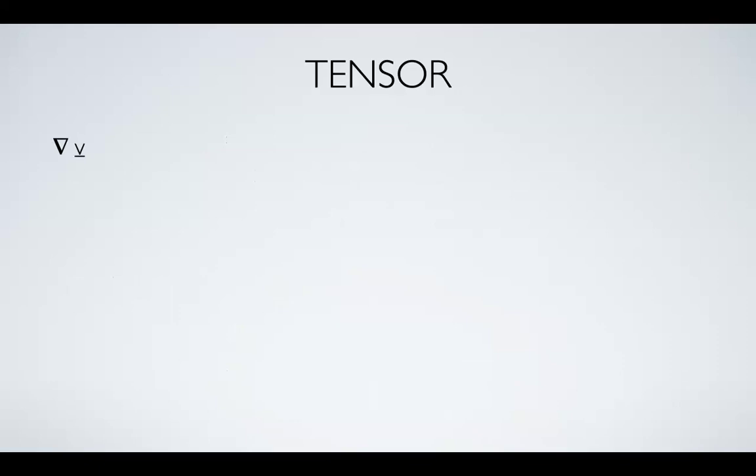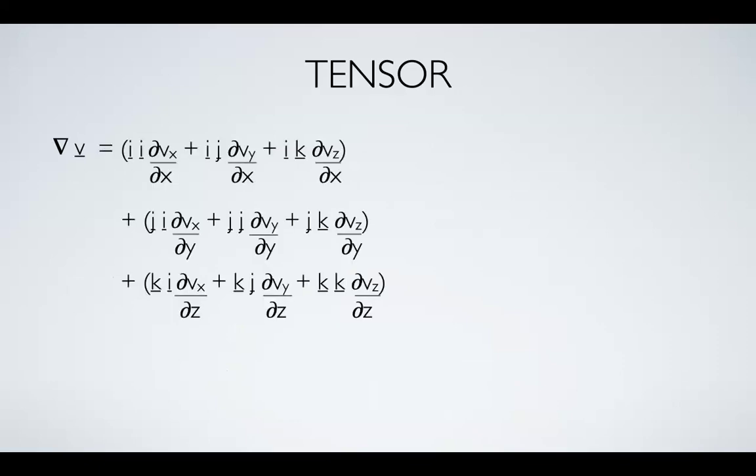For example, if I have del V right here, del is a vector and velocity V is also a vector. Two vectors next to each other make a tensor, a dyadic product. This is a tensor product. If we distribute all the terms, we're going to have 9 terms in total.